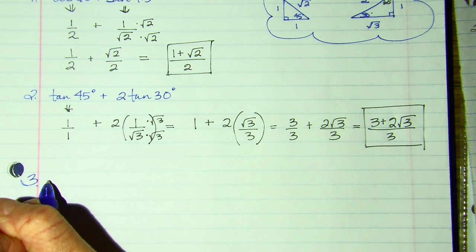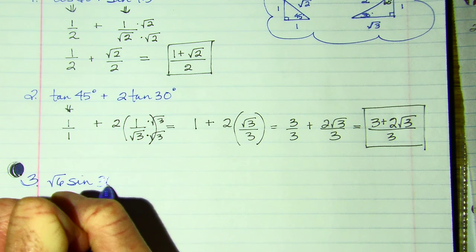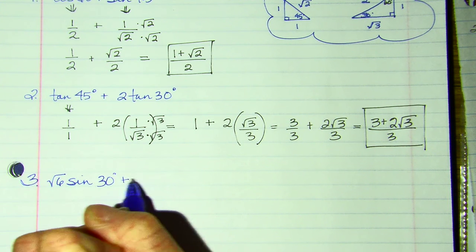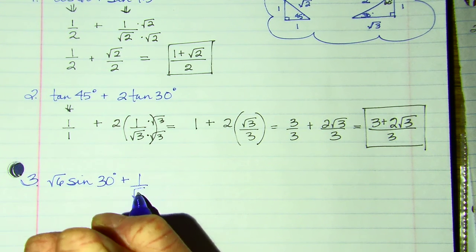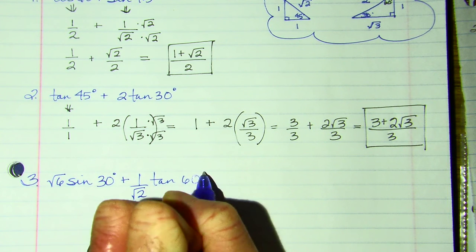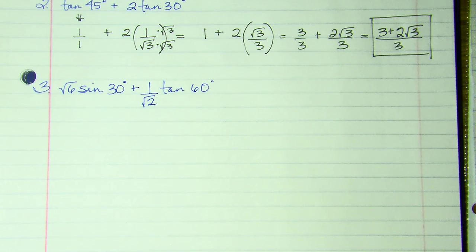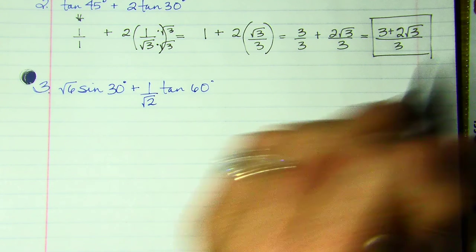I have root 6 times the sine of 30 degrees plus 1 over root 2 times the tangent of 60 degrees. All right, so using my reference triangles, I'm going to rewrite this one.